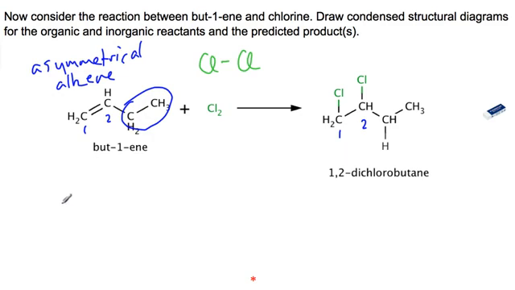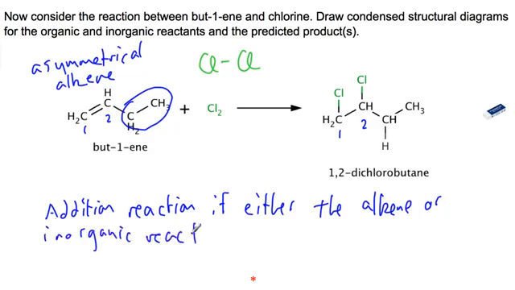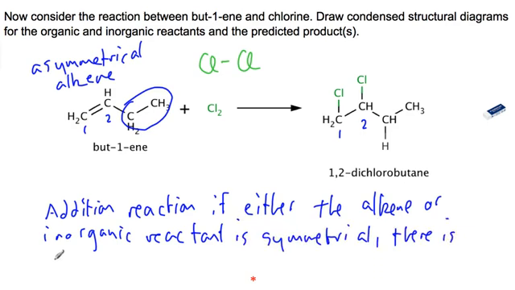So in a nutshell, when you talk about symmetry and asymmetry in an addition reaction, if either the alkene or the inorganic reactant is symmetrical, you only get one possible product.